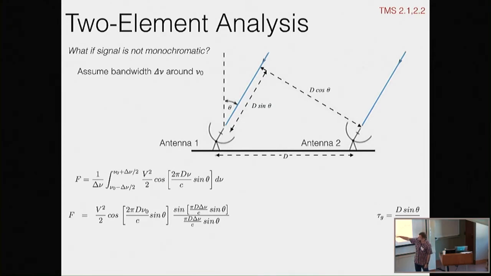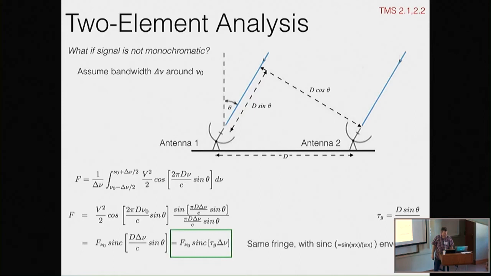This is the nominal fringe function here, right? At center frequency, everything looks like it did 2 slides ago, but it has this additional term that's a sinc term, sine x over x, and it depends on the spectral width. And so this envelope is going to suppress the fringe visibility.